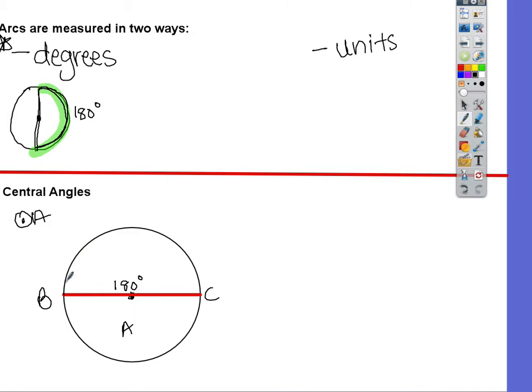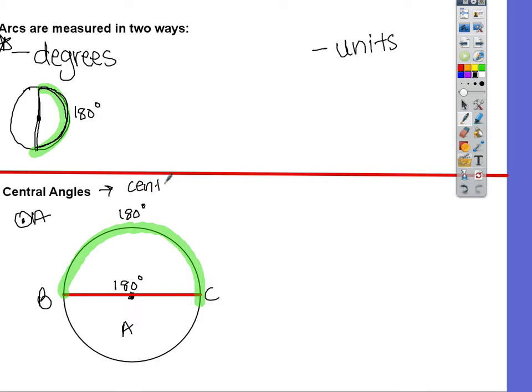Similarly, if I asked you what's the measure of this semicircle, the semicircle, which is half of 360, is also 180 degrees. There's a relationship between this angle and that arc. The measure of a central angle equals the measure of its corresponding arc.